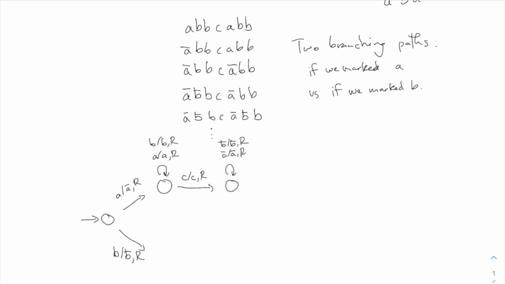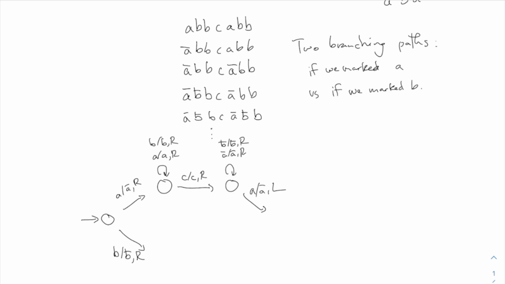And then finally, we should arrive at an unmarked letter. If we're on the top branch, that letter better be an A, not a B, right? And if it is an A, I'm going to mark it and then move myself back to the left. This is the point at which the two branches come back together again. So A-bar L.